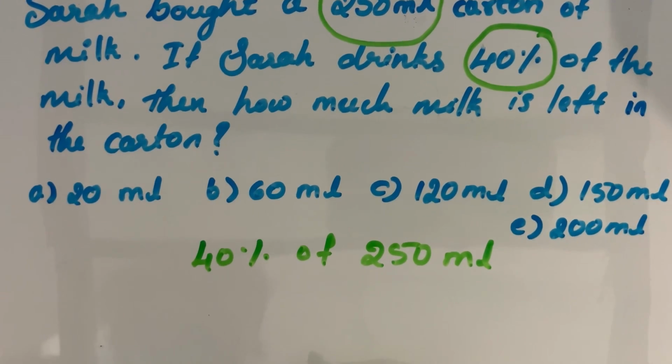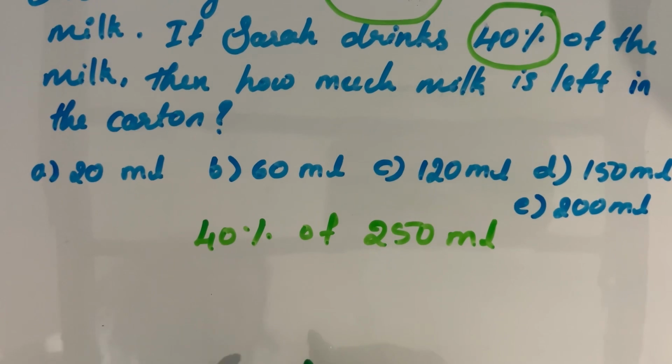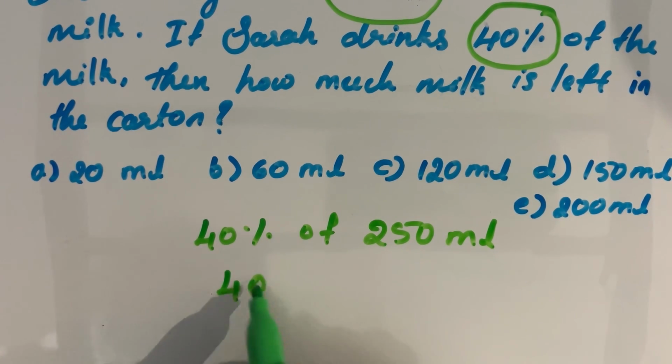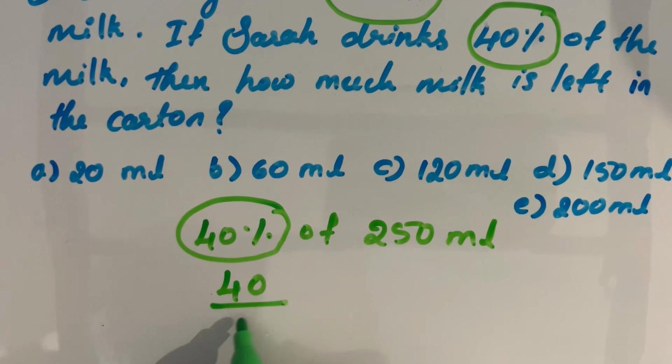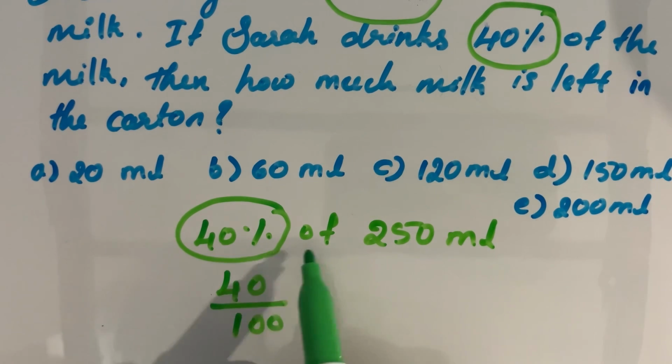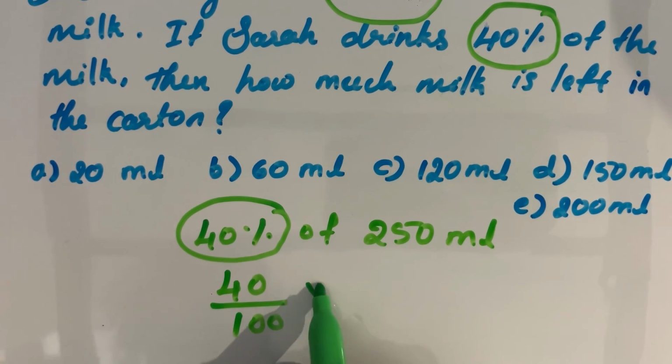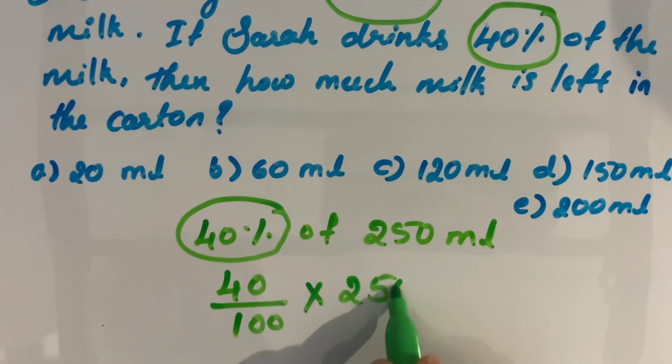How to find 40% of 250? 40% is nothing but 40 over 100. Percent means part over 100. Of is nothing but multiplication. 40% of 250.